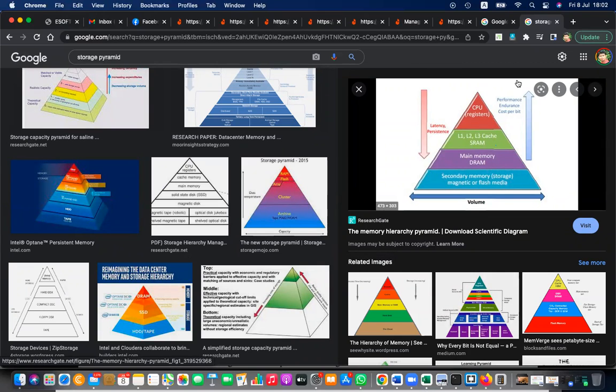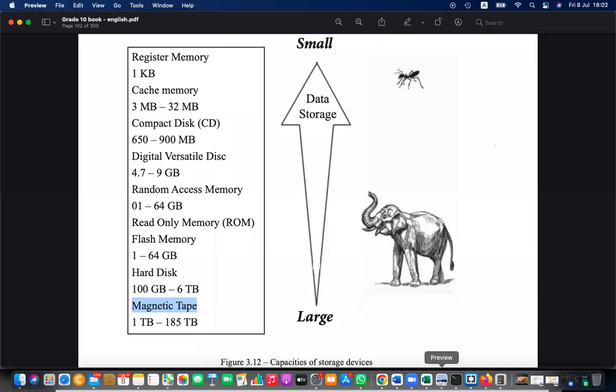Cost is increasing, speed is increasing, durability is also increasing. But when it comes down, latency is slow, and persistence, meaning permanence, increases. So this image is very good. It represents everything. Just take a screenshot of that. Okay, moving back to the lesson.